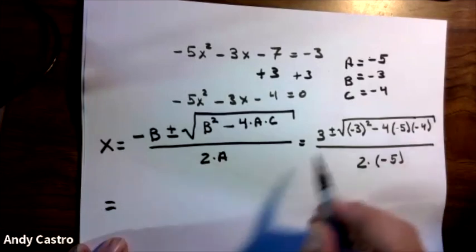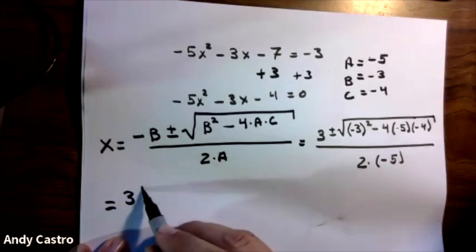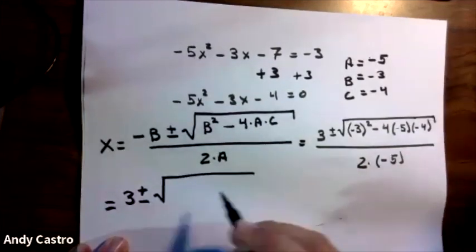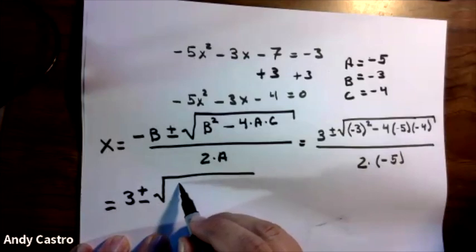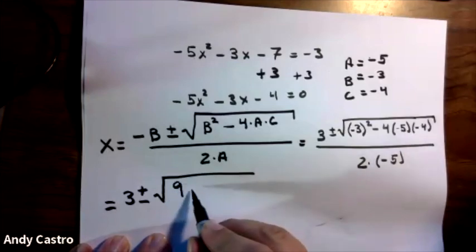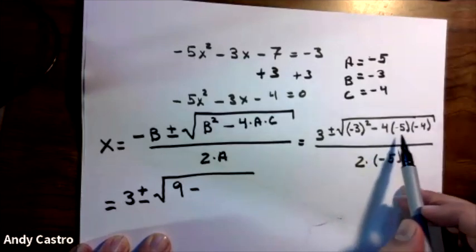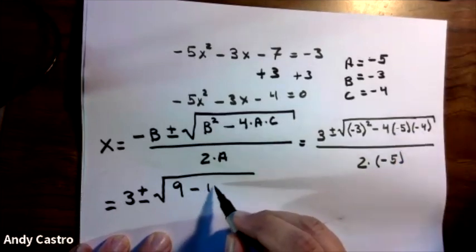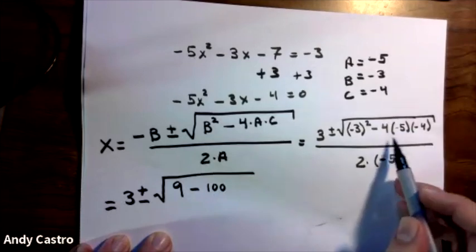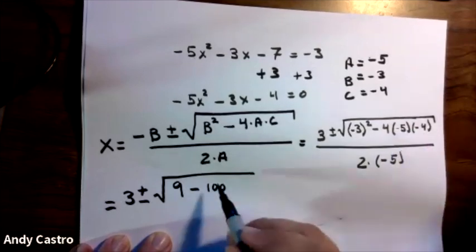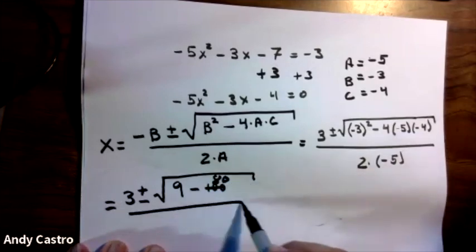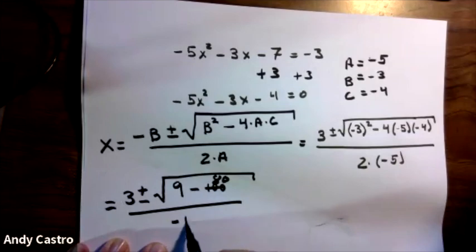Wait, 3 plus or minus square root of negative 3 squared is positive 9, minus 4 times negative 5 is negative 20. Negative 20 times negative 4 is positive 100. No, negative 20 times 4 is positive 80. All over 2 times negative 5 is negative 10.